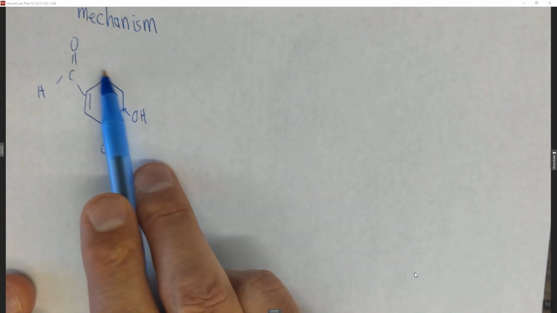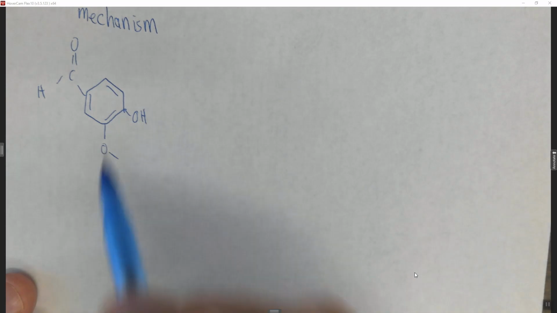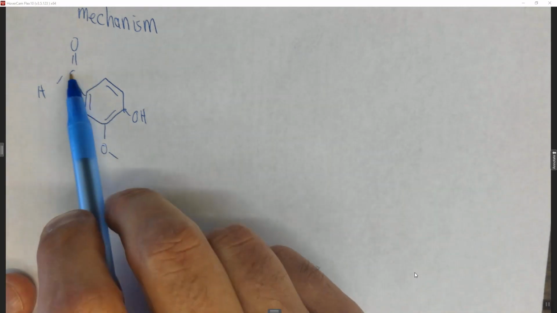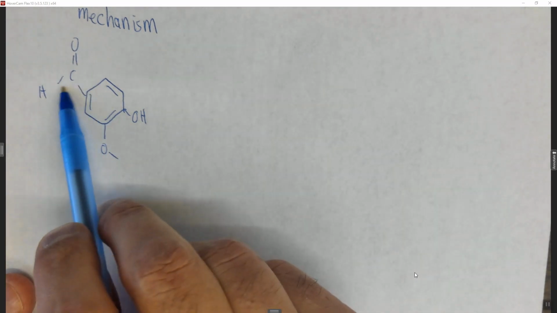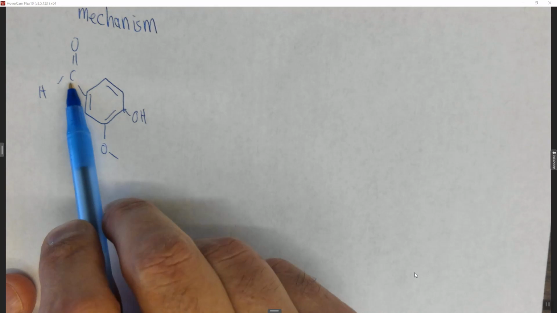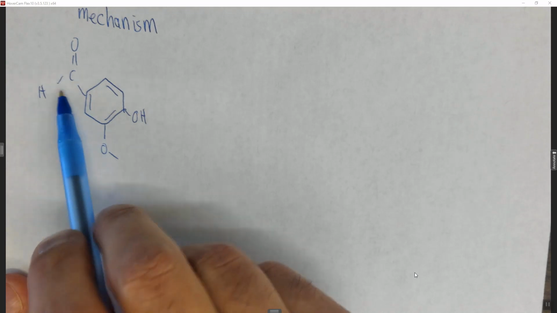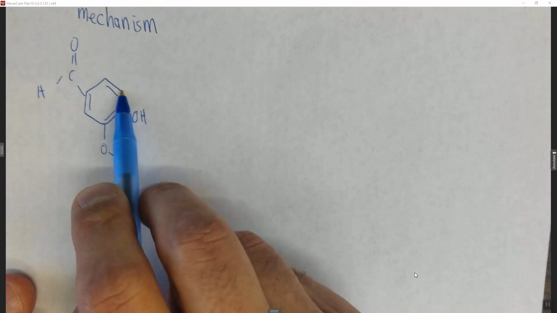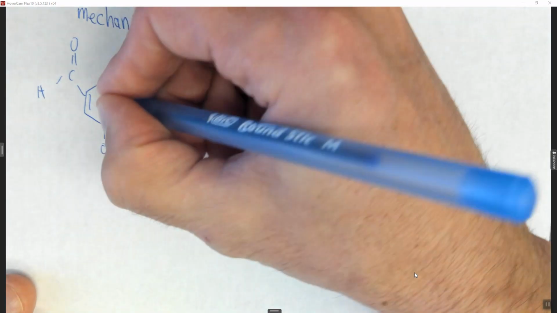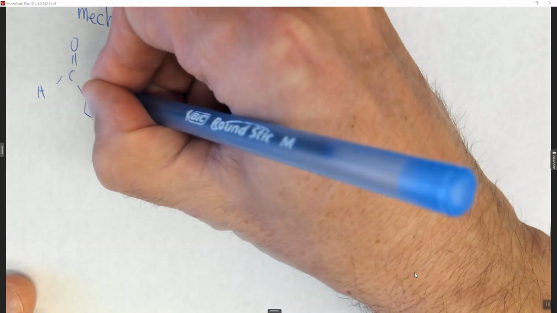So it will direct to this spot. And in this molecule here, now we have a partially positive charge on a carbonyl carbon. This is a deactivating and a meta directing group, so it would direct here or here. So the most beneficial spot is here.